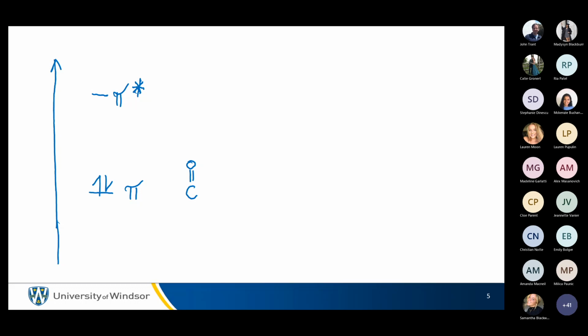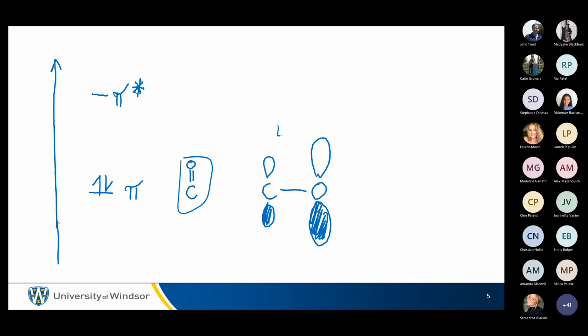So if we look at the carbonyl bond and what that looks like, I'm exaggerating a little bit for effect, but the lobes look like this. The oxygen lobes are going to be bigger because oxygen is electronegative, and so more of the electron density is going to be around on oxygen.